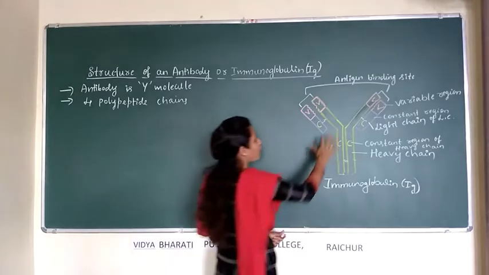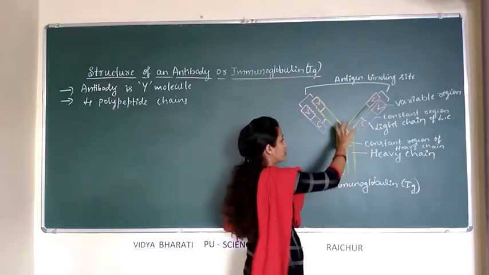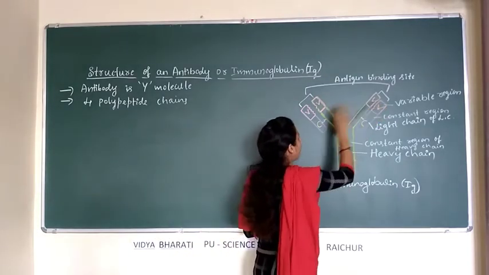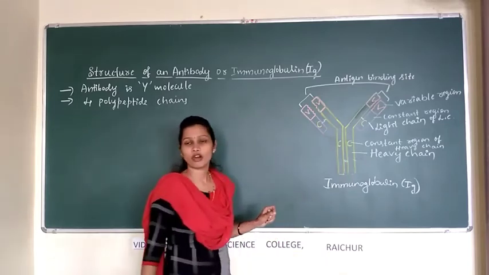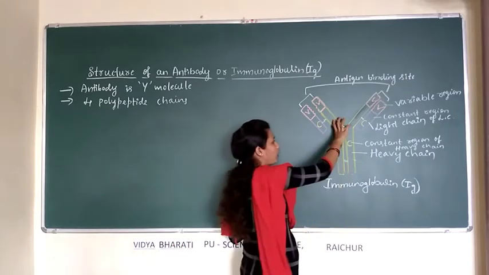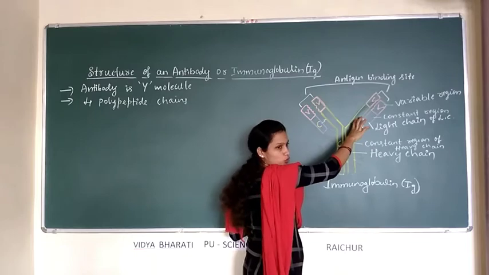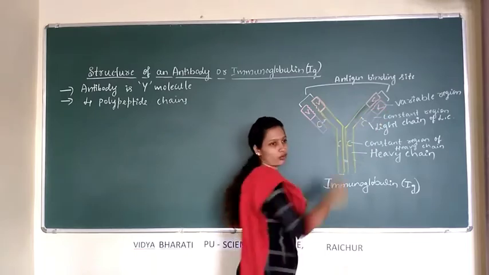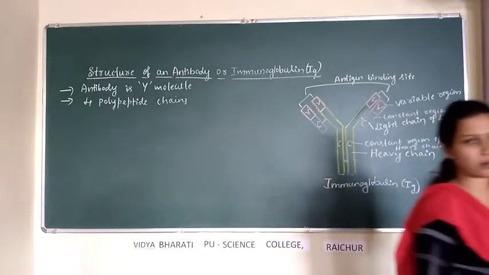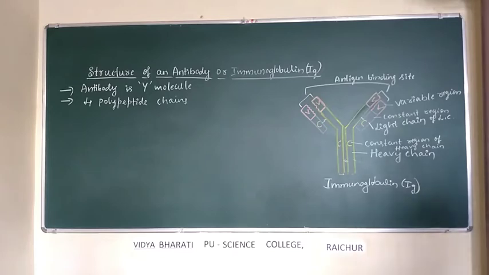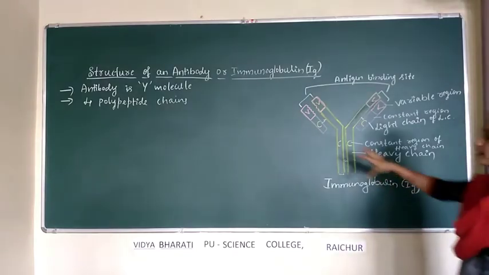See, 4 polypeptide chains are present: 1, 2, 3, 4, in the antibody structure like this.